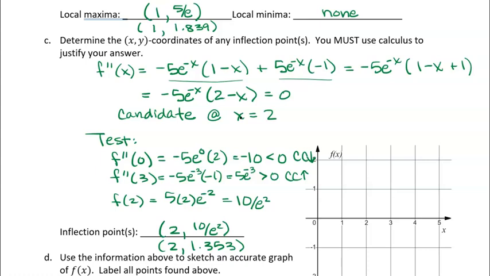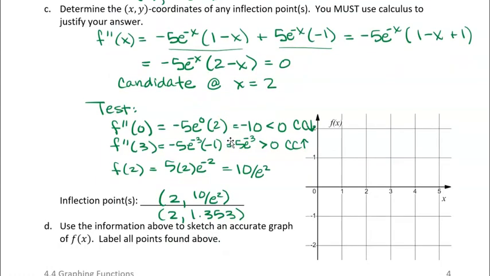So now the last step here is just to use the information that we have in the previous parts, and we want to sketch an accurate graph of f of x. In part A, we found the x and y intercepts, which happen to both be 0, 0. So the graph has to pass through 0, 0.